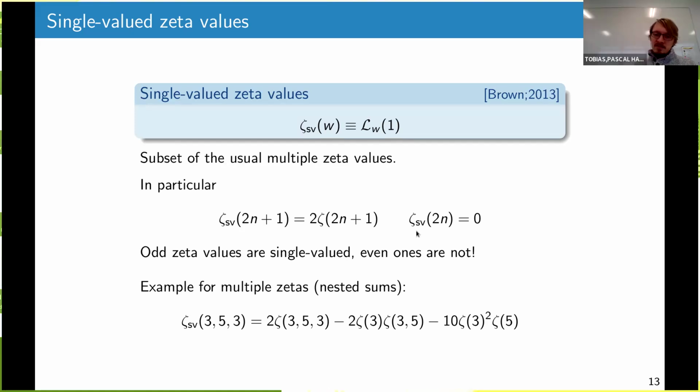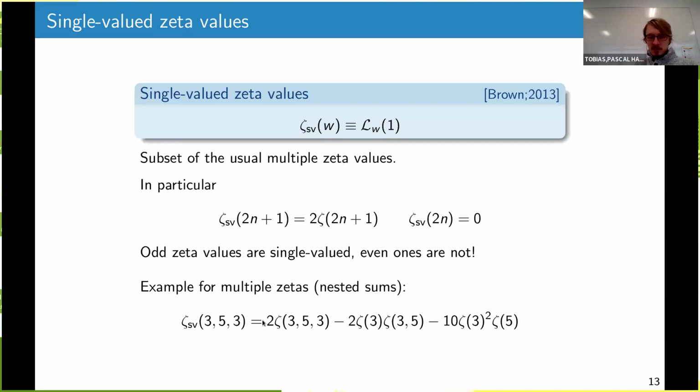But if you do it for an even zeta value, you get 0. So odd zeta values are single-valued, even ones are not. That means that the closed string amplitudes have only single-valued zeta values in the expansion.